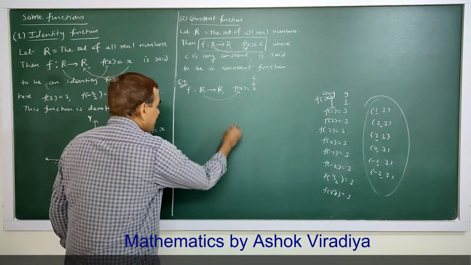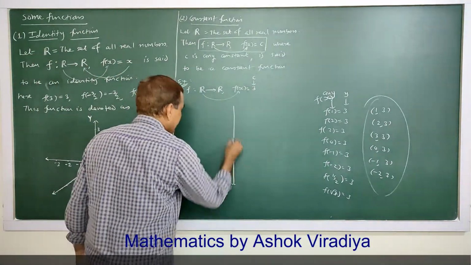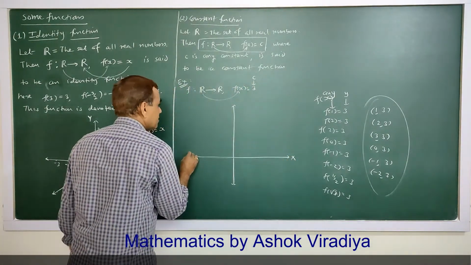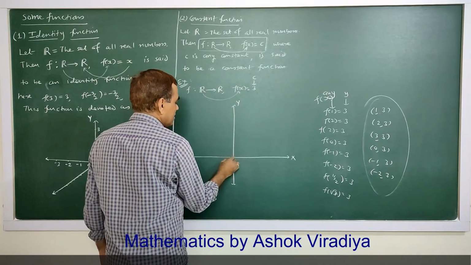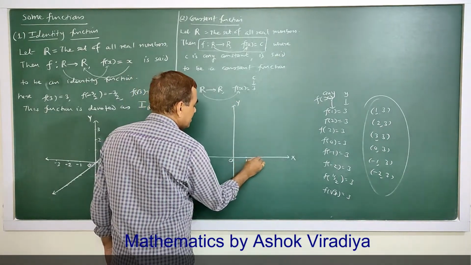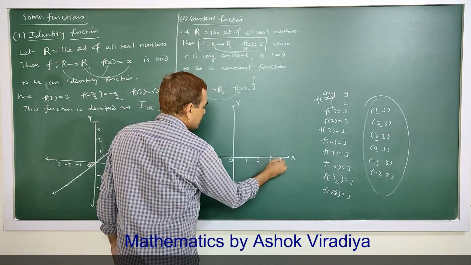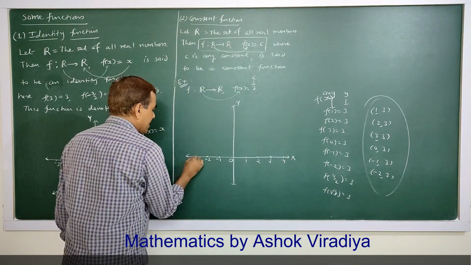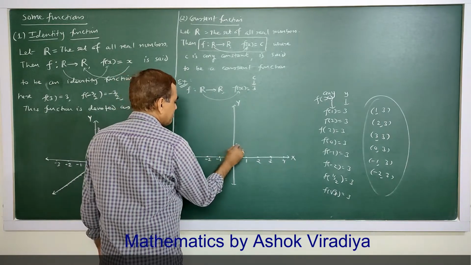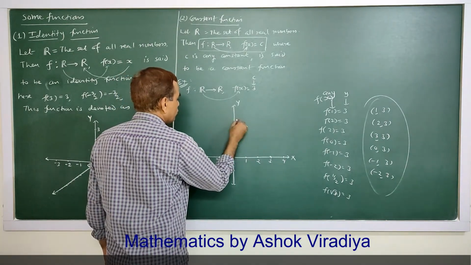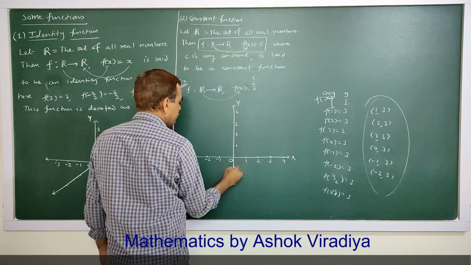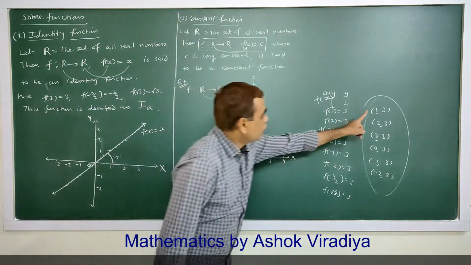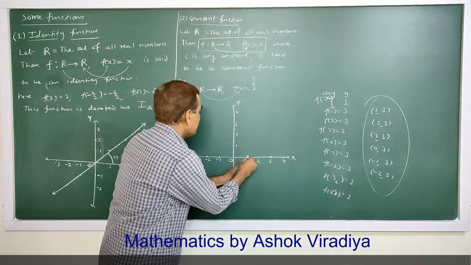So if we take here graph, then see what is happening. X, this is y, origin, 1, 2, 3, 4, -1, -2, -3. So x is 1, y is 3.